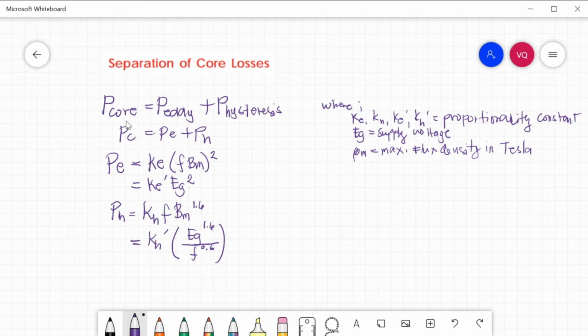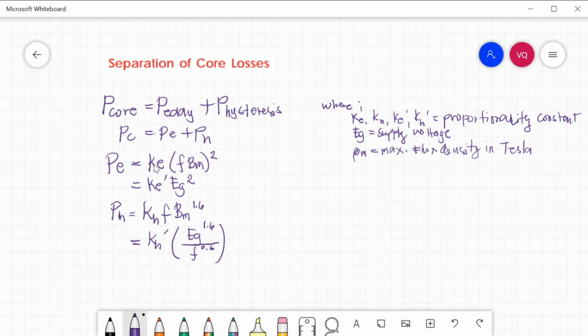So here, the core loss is equal to the eddy current loss plus the hysteresis loss, where the eddy current loss, PE, is equal to our constant, KE, times the frequency squared times the maximum flux density squared, or KE prime multiplied by the supply voltage squared.